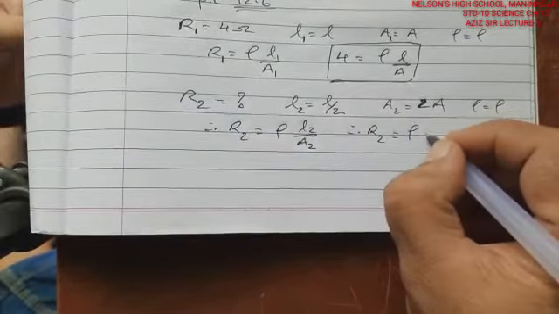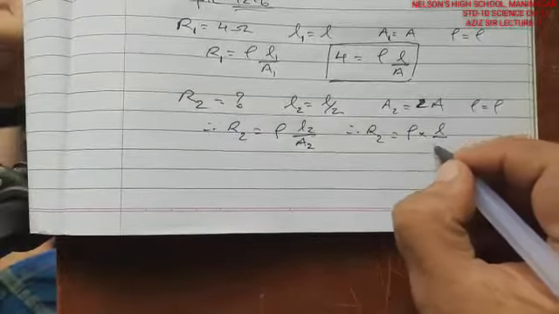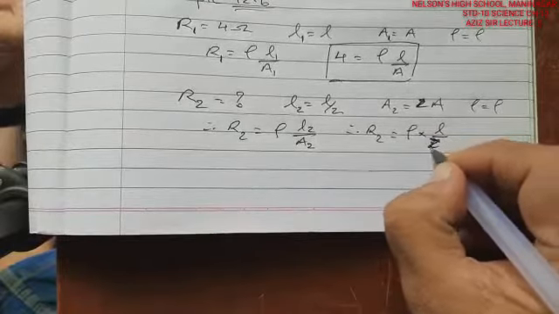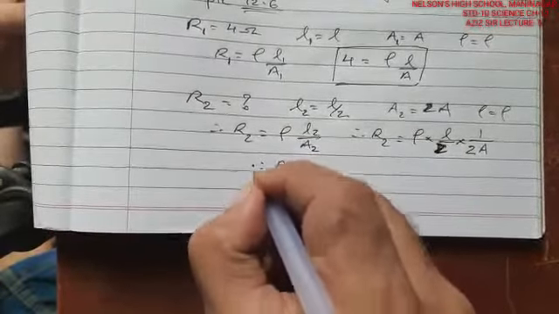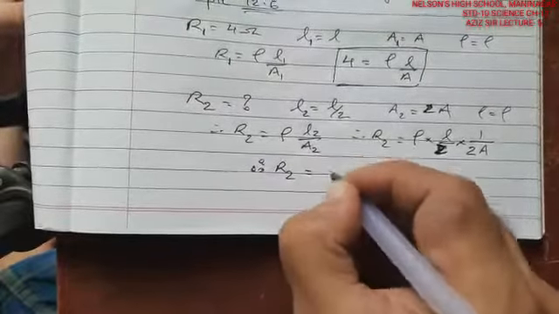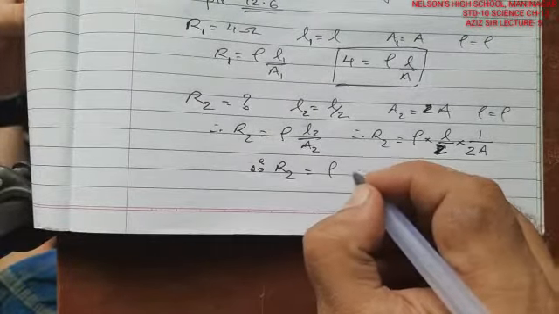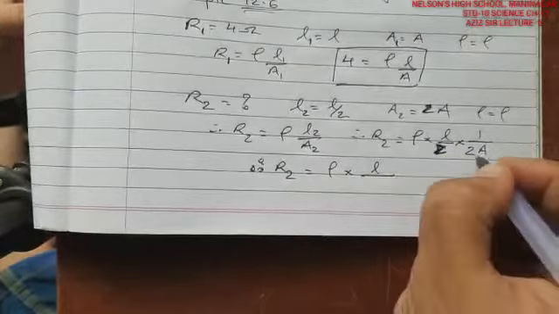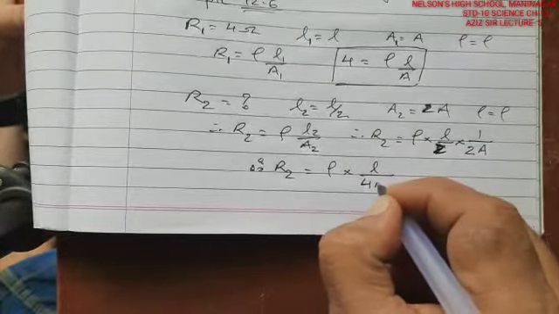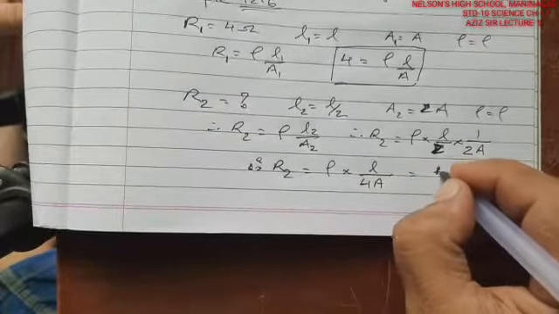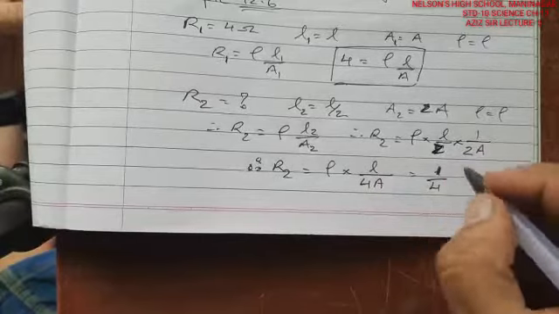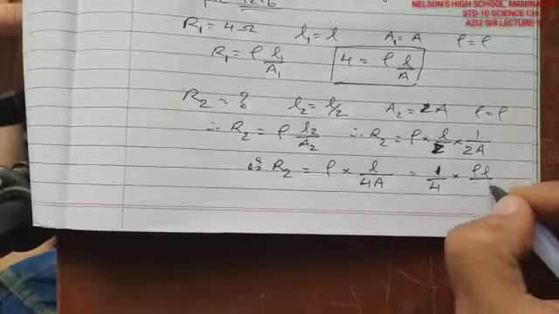Rho is the same, but L is L by 2, and A is 2 times A. Therefore R2 is rho multiplied by L upon 2 multiplied by 2, that is 4 times A. You can write this as 1 by 4 times rho L by A.